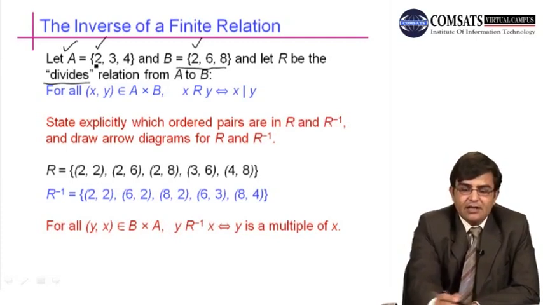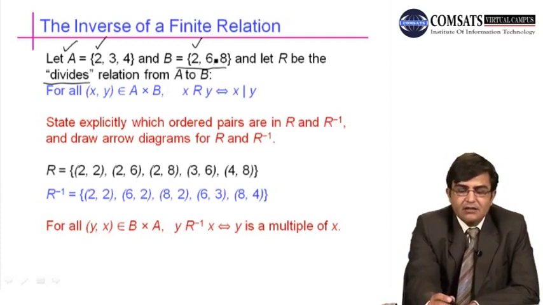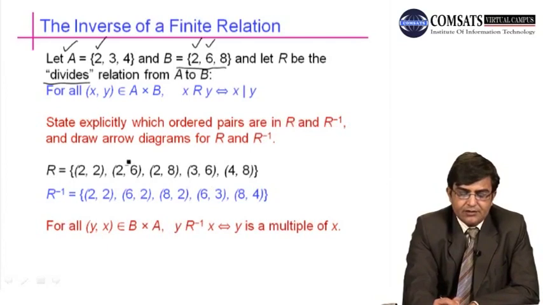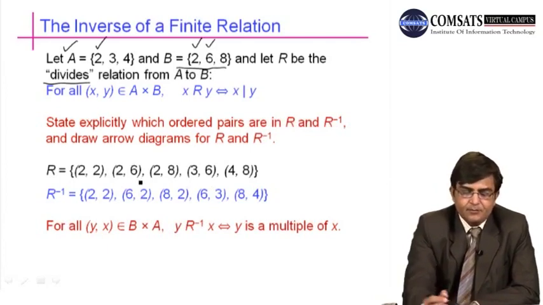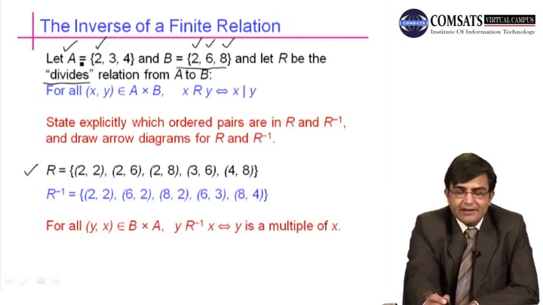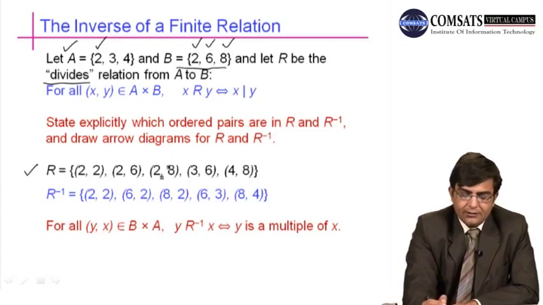The first element of A divides the second element of B, yes, because 2 threes are 6, so we write the ordered pair 2, 6 here. The first element 2 divides 8, yes, so we write the ordered pair 2, 8 in R.